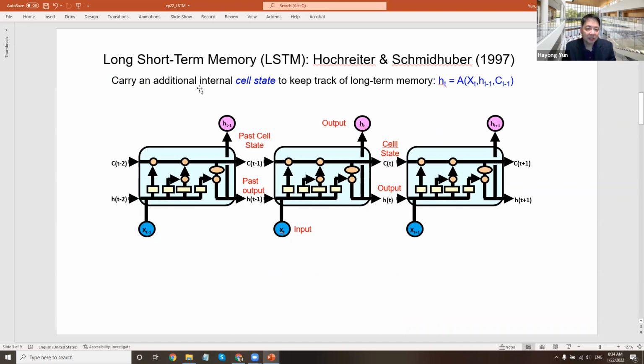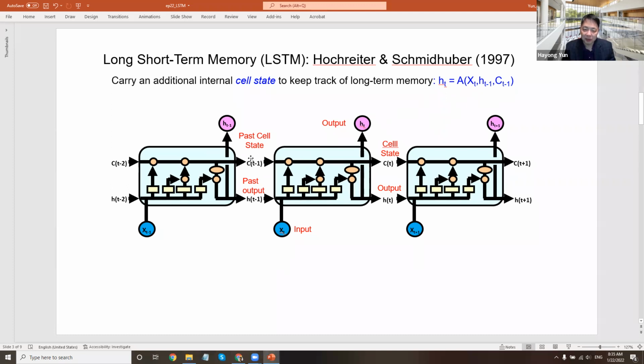It basically carries an additional internal cell state to keep track of the long-term memory, meaning you have the xt and you want to spit out the ht, so from input to output, based on the past output, but also some internal state called the cell state.